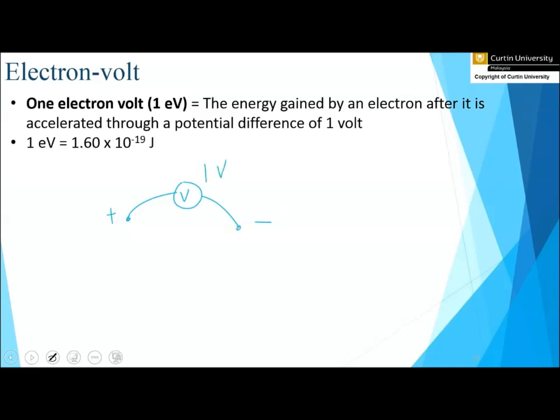If we release an electron here, the energy used by this electron to accelerate from the negative terminal to the positive terminal under one voltage difference is called 1 electron volt. And 1 electron volt is equivalent to 1.6 times 10 to the power of negative 19 joule. It's actually a measurement of energy.